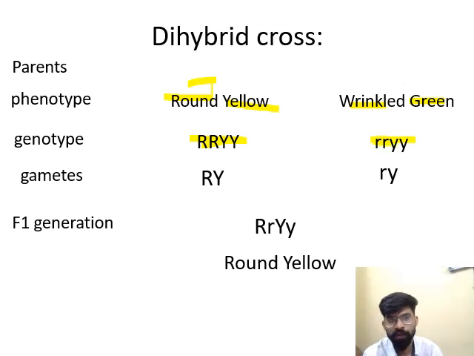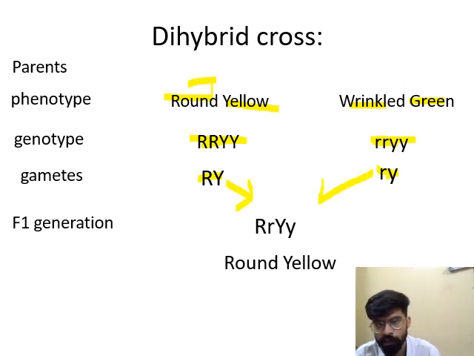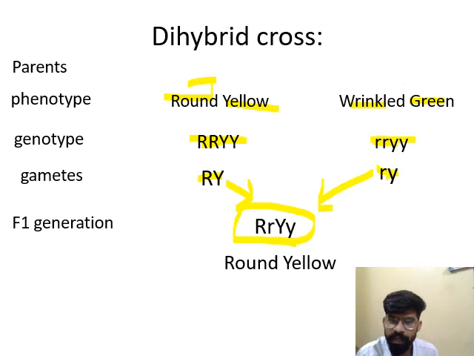These genotypes will produce gametes: capital R capital Y only from one parent, and small r small y from the other. These gametes fuse to form the F1 generation, which is capital R, small r, capital Y, small y.